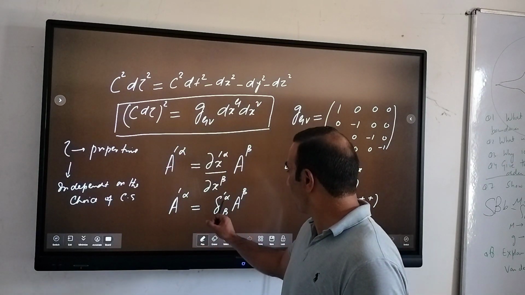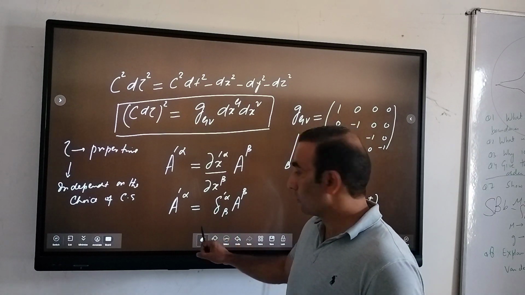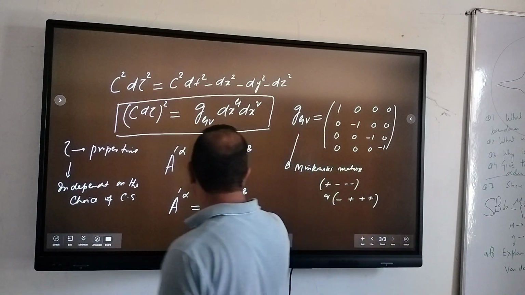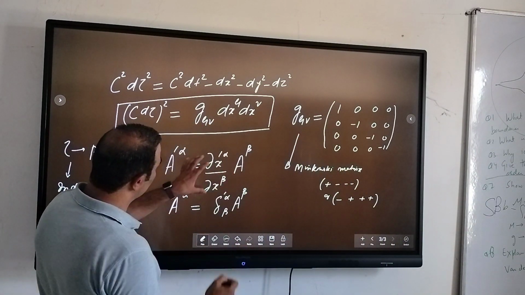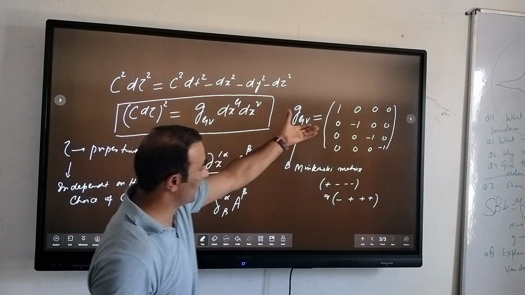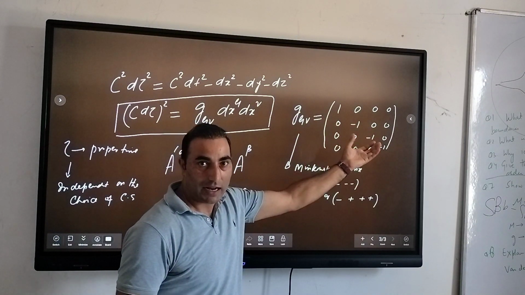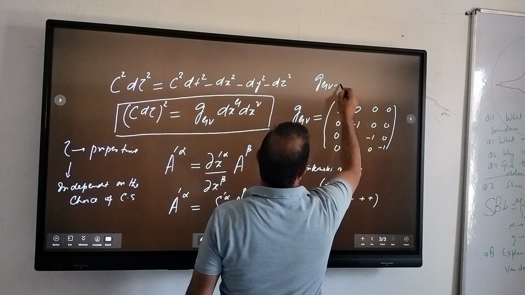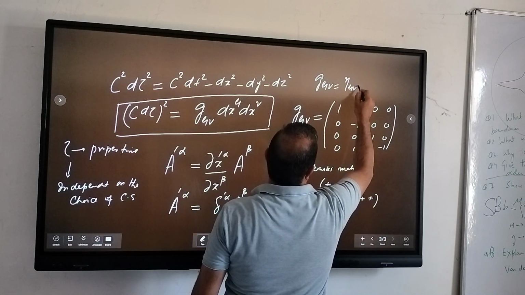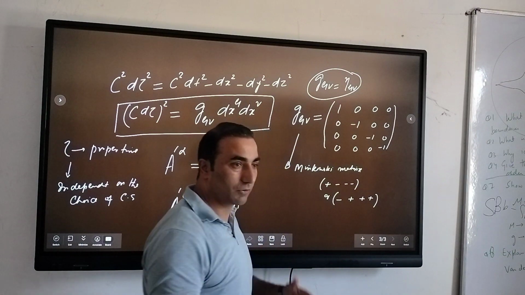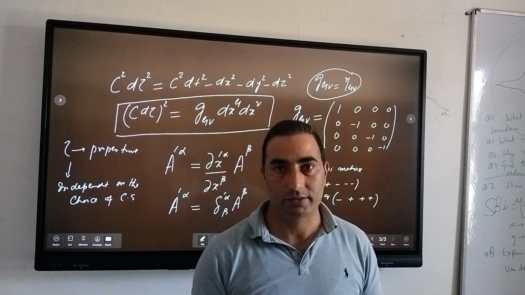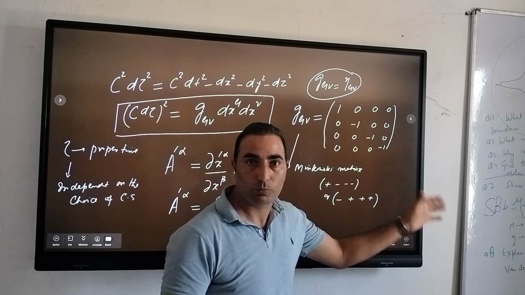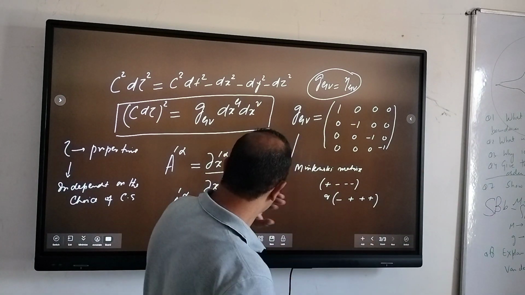Because if you put alpha prime equal to beta, you will get A alpha prime equal to A alpha prime, right? So this is our transformation matrix, which is similar to our Minkowski matrix, right? In some books you may observe that this g mu nu is replaced by eta mu nu, in order to distinguish it from the rest of the tensors. That's equal to plus minus delta mu nu. Right.